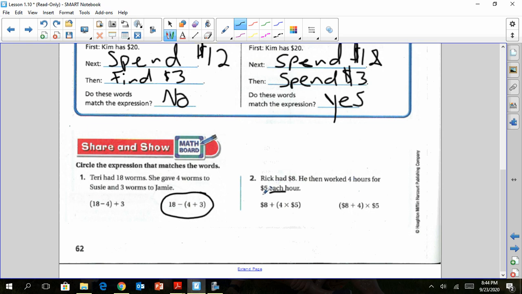So we're thinking 4 times 5, and then we're going to add that to the amount of money that we had at the beginning. He had $8. That stays in his pocket. He then works 4 hours times 5. So the expression that matches this would be the first one. Had $8, then he adds how much he worked, 4 times 5. We know that it's 20, but again, today we're not evaluating these expressions, but this is how you would set this problem up.